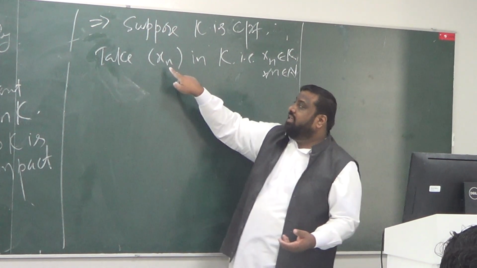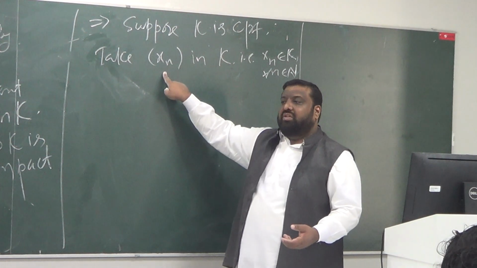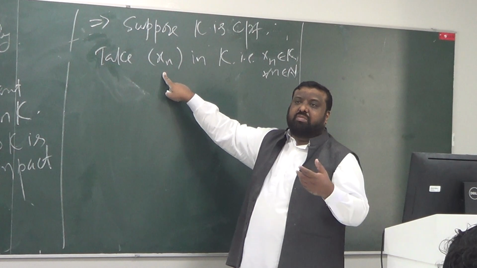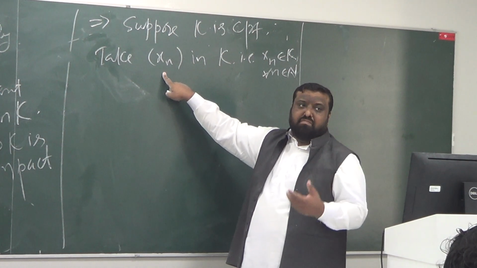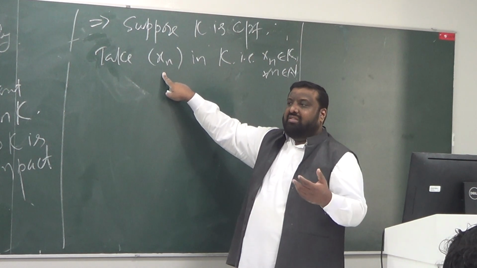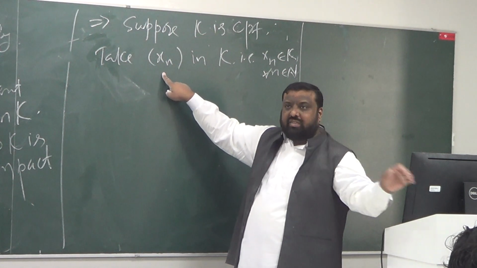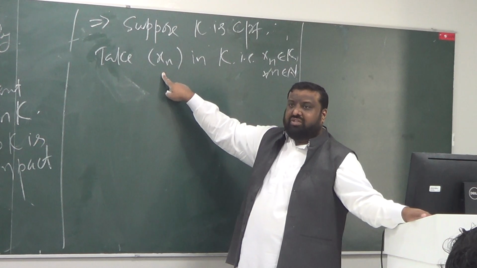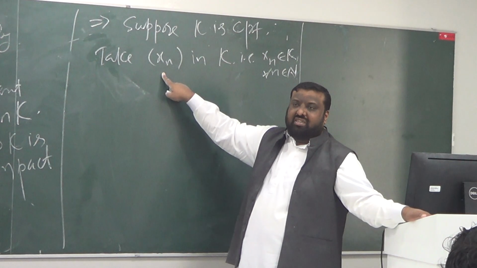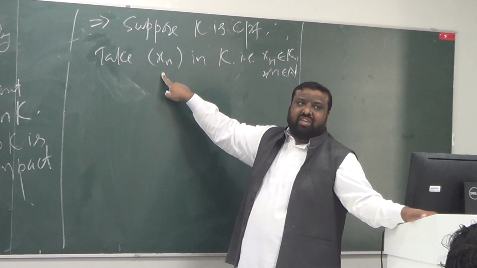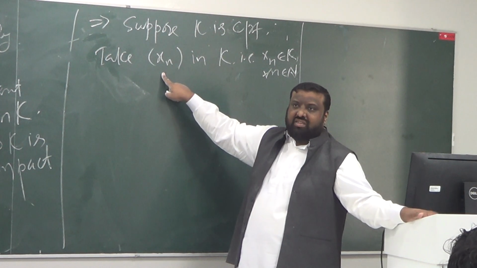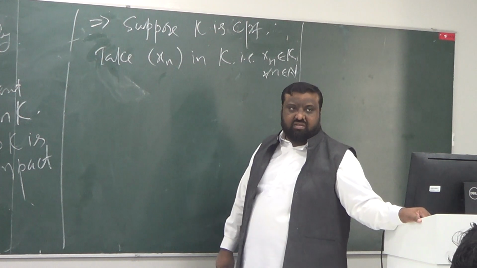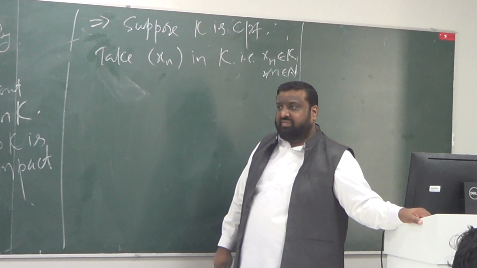So in particular this sequence would also be smaller than that number, and hence this sequence would be bounded. And you have a result called the Bolzano-Weierstrass theorem, which says that every bounded sequence has a convergent subsequence. This is the line of argumentation.